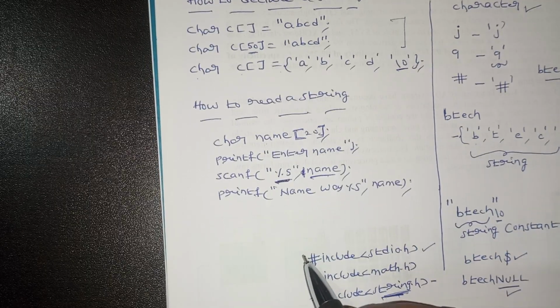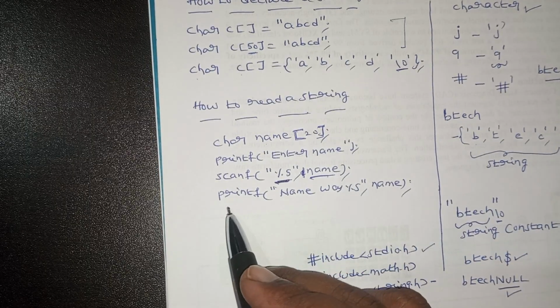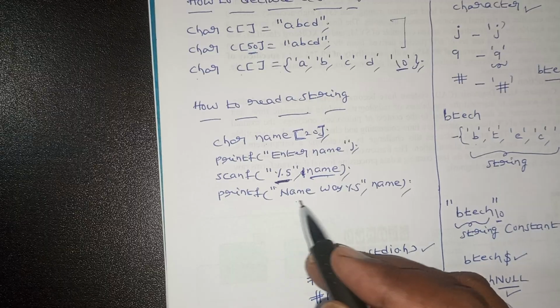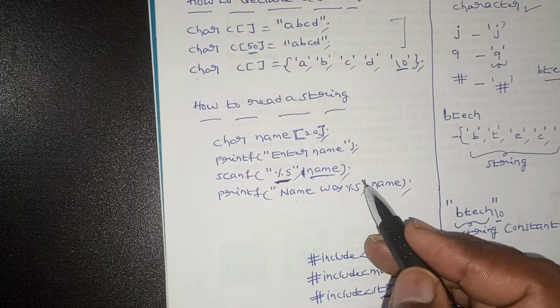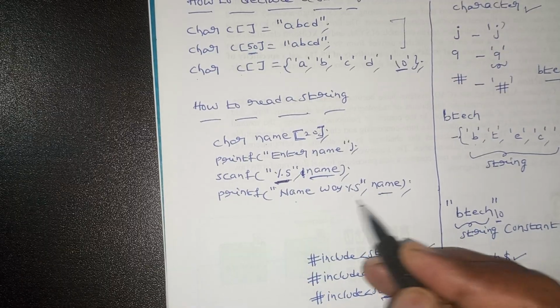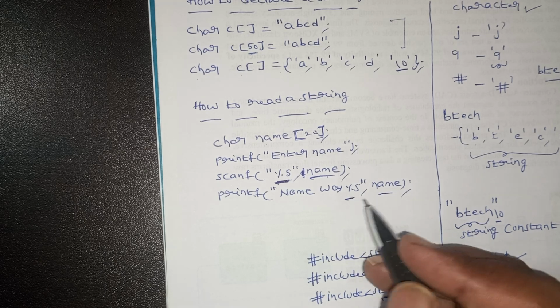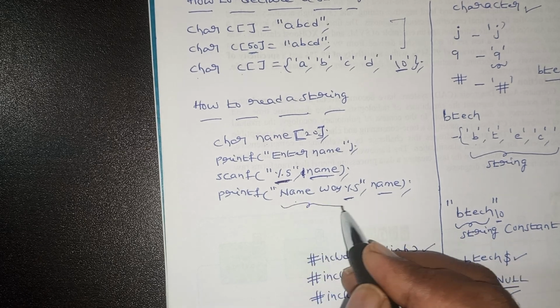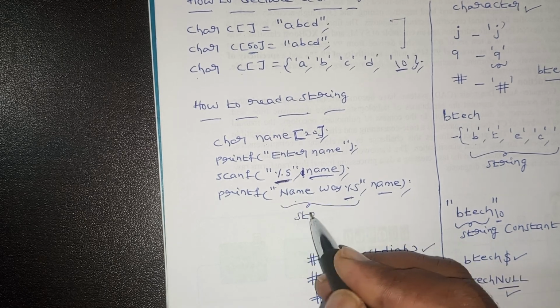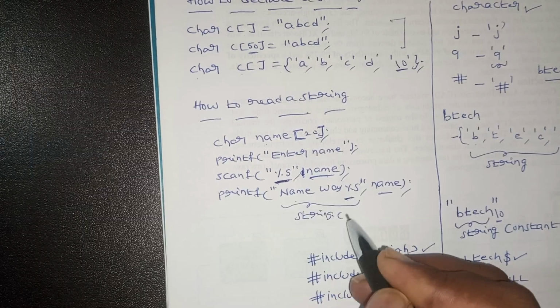Now if you want to print, what do I have to do? printf, name is %s in double quotes, then name. I'm going to print using the format specifier %s. Now you tell, what is this? This is a string constant. Why?